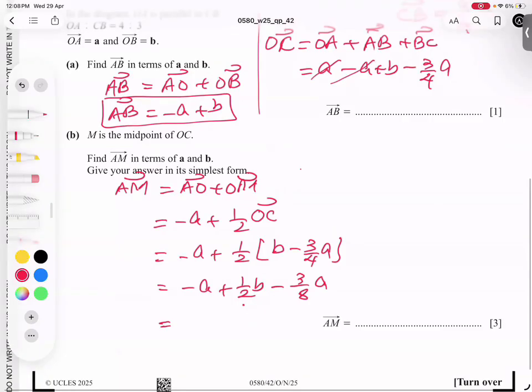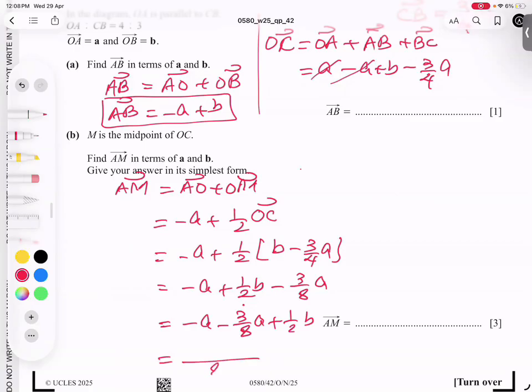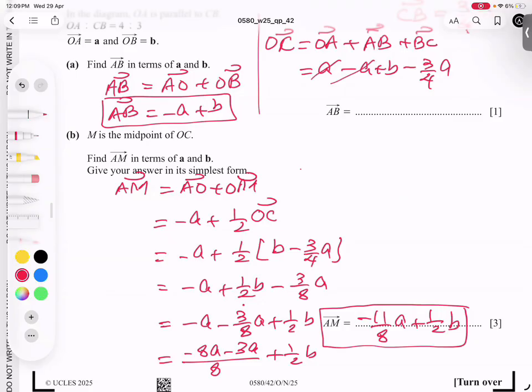So these a values I'm writing together. What is the LCM, students? 8. 8 multiplied by negative a and negative 3a, plus half b. And we are getting negative 11 over 8a and plus half b. I hope the point is very clear. So we have done this question.